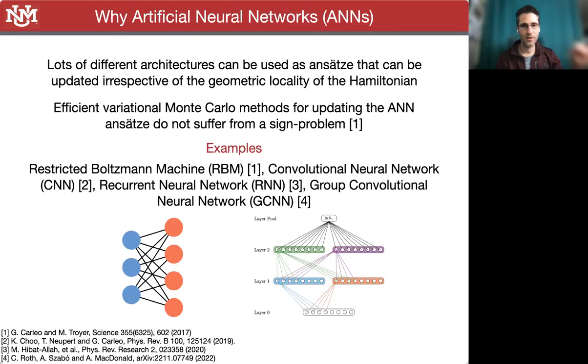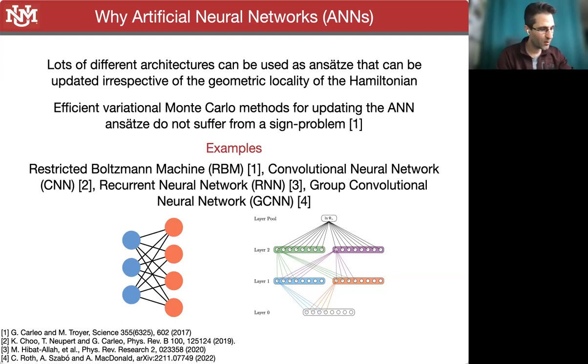So with these two problems, which are the sign problem for QMC and the sensitivity to the underlying geometry of your Hamiltonian, this is the primary reason that I got attracted to using artificial neural networks to represent quantum states, because it seems like they circumvent these two problems, right?